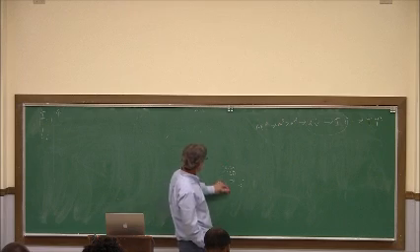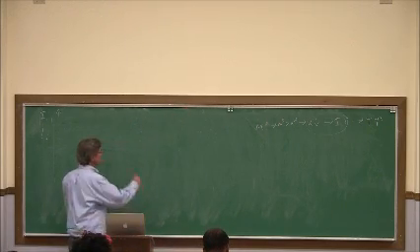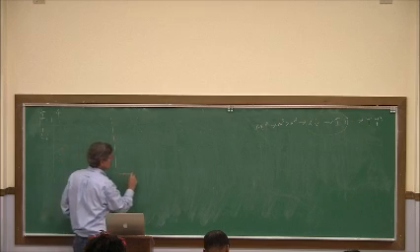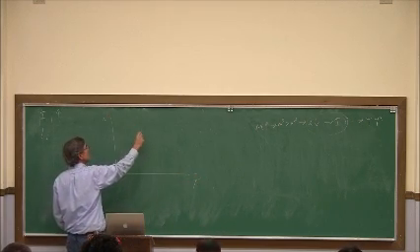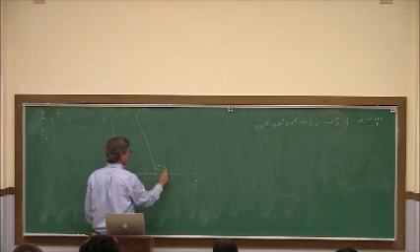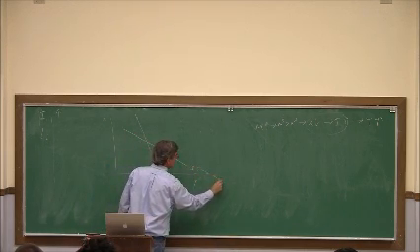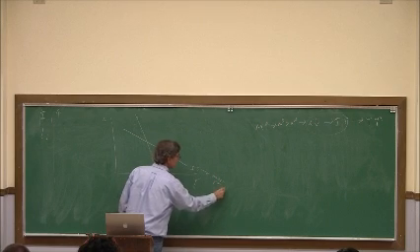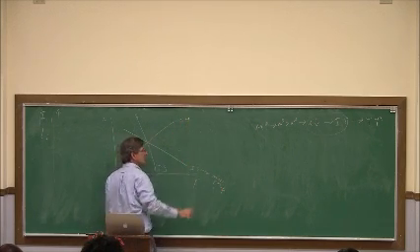Fiscal policy is a little more complicated to do because we have to shift both IS curves. But the startup is the same. You have a steep IS curve, flat IS curve. That's where you've got a more responsive investment to the interest rate, and an LM curve.